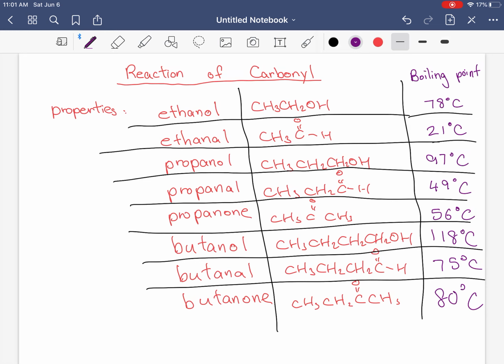And of course, you're comparing it to his brother, propanone. It's higher, of course, because not only are you getting more carbon chain, more London dispersion force, but you're looking at longer dispersion force. I think that's what I said.